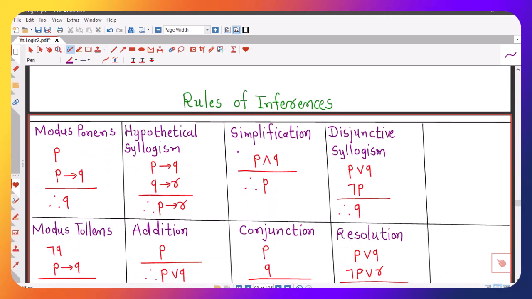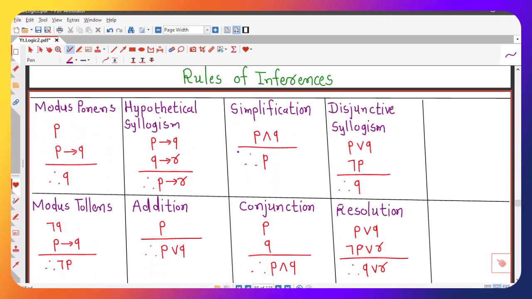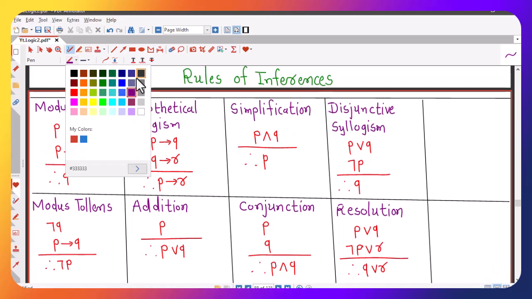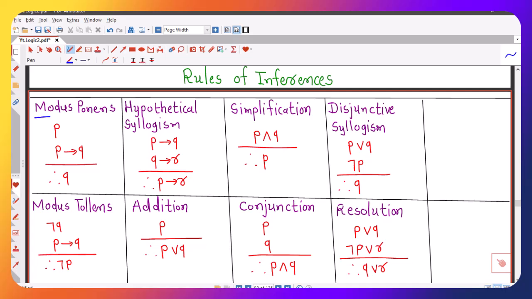I have summarized all these rules of inferences here. We again summarize them. First one is modus ponens. This is very important. It says that if I have conditional statement and its hypothesis, then the conclusion is here. Hypothetical syllogism, it is similar to transitive property which we study in relations.